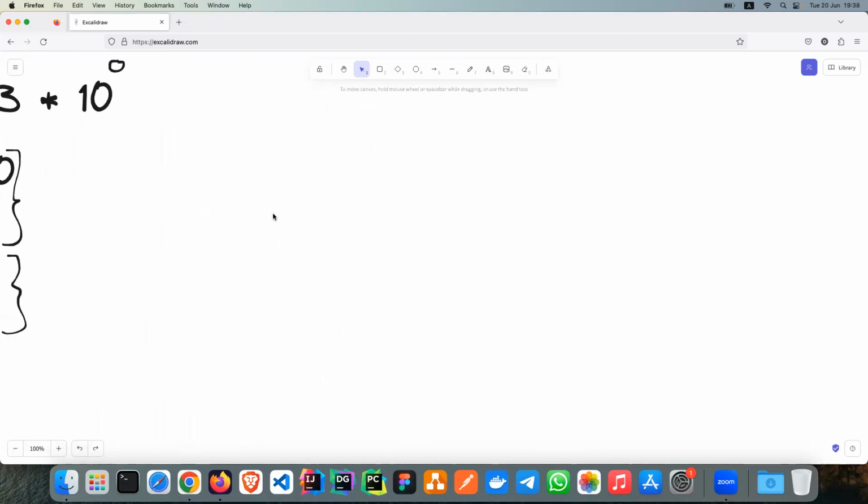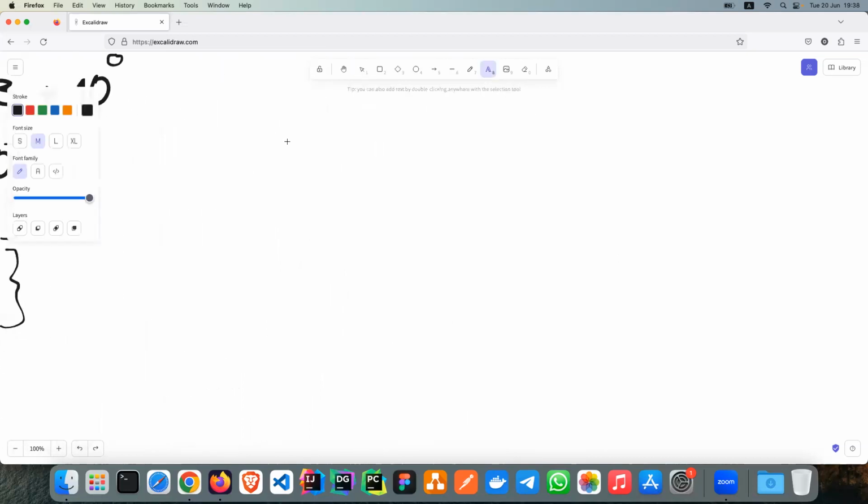Okay, let's say I have 3. The easiest way, without even dividing anything, to convert 3 from decimal into binary is this.